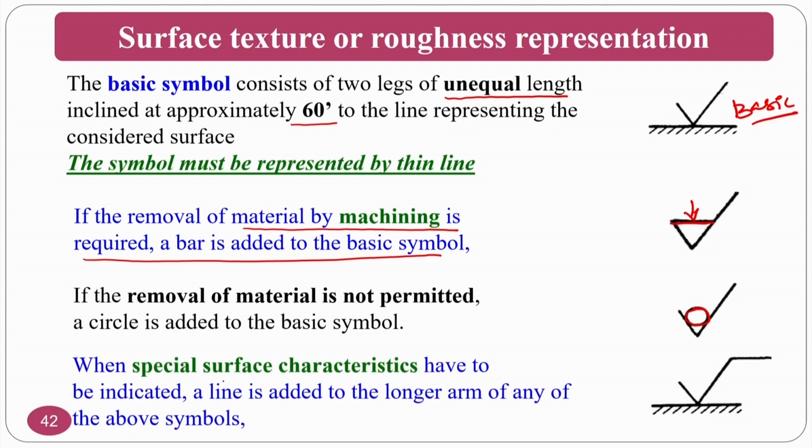And if special surface characteristics have to be indicated, a line is added on the longer arm of the above symbol. That means if any special surface characteristics have to be mentioned, you will get an additional one. Okay, hope you got it. This is the basic one; if it is machining, if it is no machining, or if you want any special characteristics, then you should have this type.